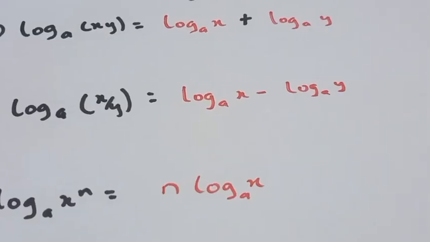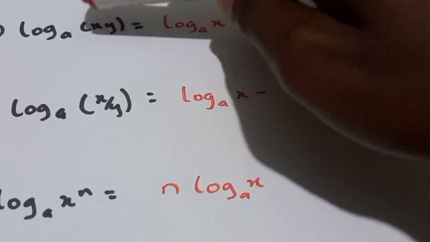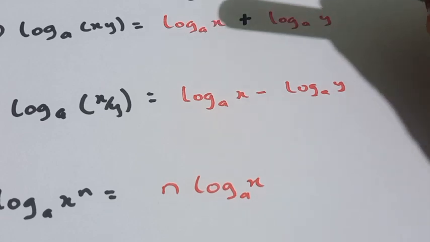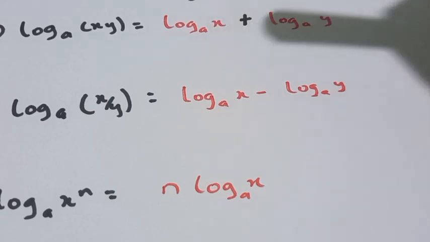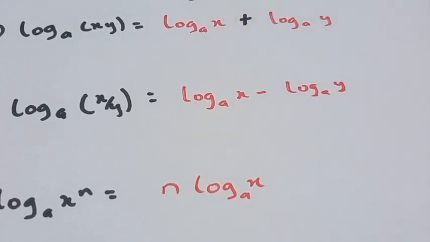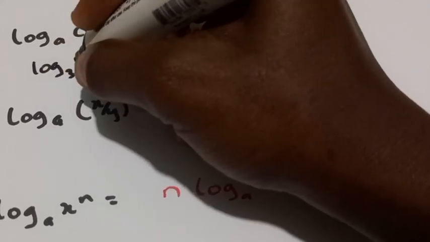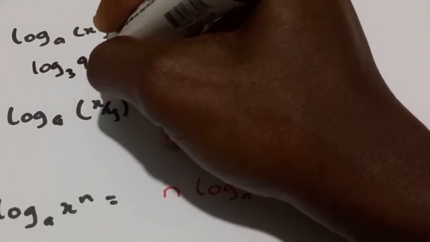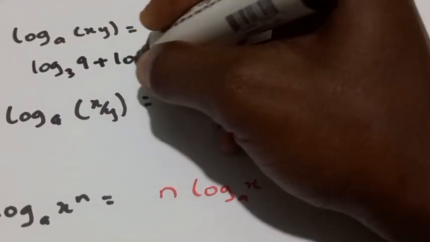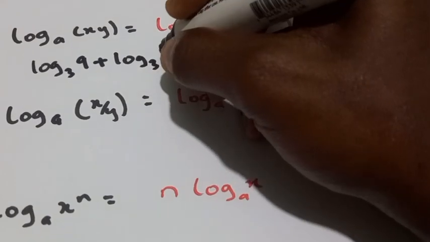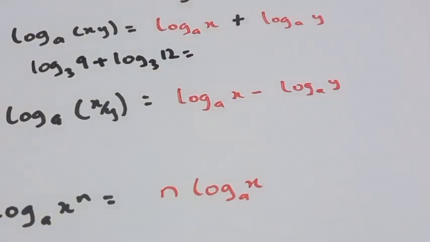Next up, we have the rules in logarithms. For the first rule, we know that x is multiplying y, so it's addition in here. Keep these rules in mind. So in case you have a question, let's say simplify log 3 of 9 plus log 3 of 12.